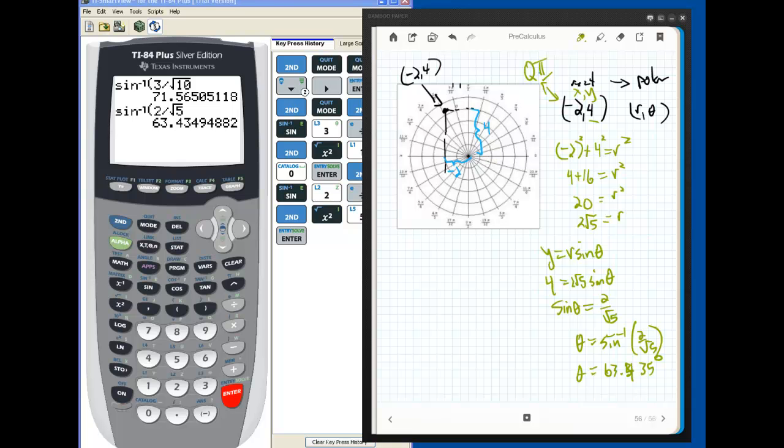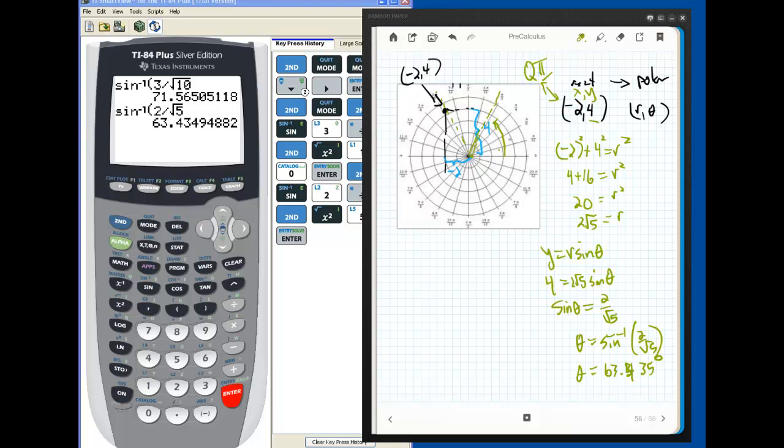Well, what do I do? How do I figure out the true value? Because I know that this is not a 63-degree angle. Heck, I got to go through 90 to get to this point. Well, I don't panic. I just remember symmetric arguments. Remember, I could either look at the function, or I could think to myself, wait a sec, I know that whatever happens with sine in the first quadrant happens with sine in the second quadrant.